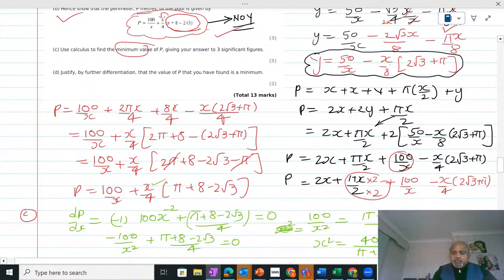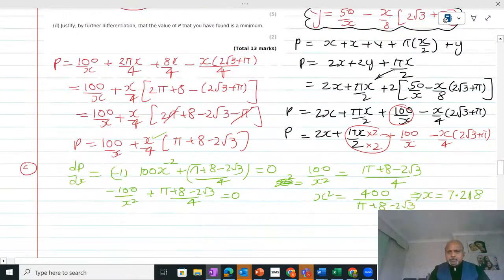Okay, and if you simplify, find from here, I'll just put this value in a calculator. So it is square root of 400 over pi plus 8 minus 2 root 3. It is coming 7.218. Okay, 7.218.